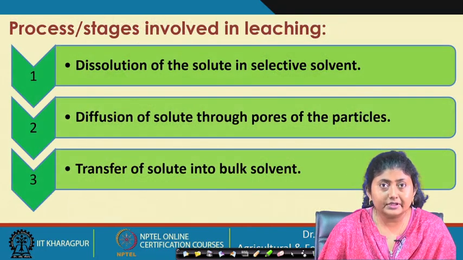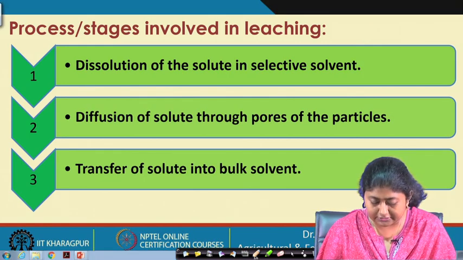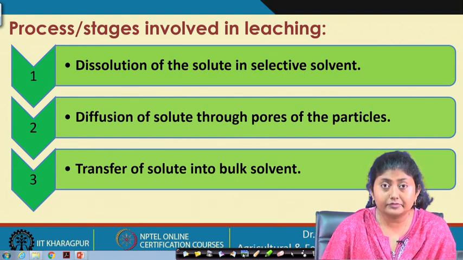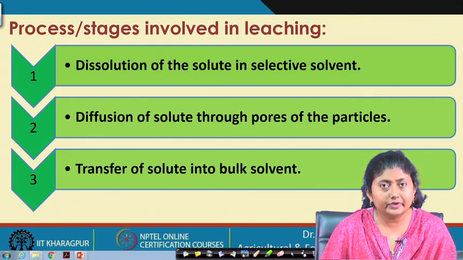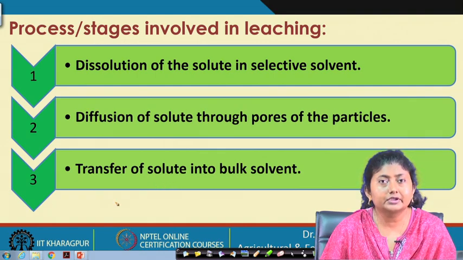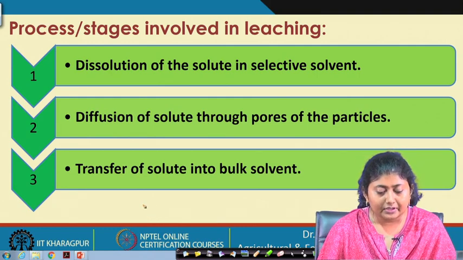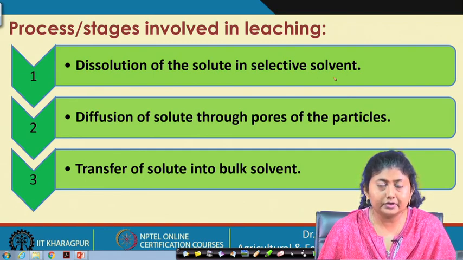If we specifically see leaching methods, these are the steps that we normally observe once we bring the solid material from which we want to extract a particular compound or particular solute. When that comes into contact with the solvent, the solvent has to mix with that material very well and it has to penetrate or percolate through the solid phase properly, so that dissolution of the solute in the selective solvent will happen.